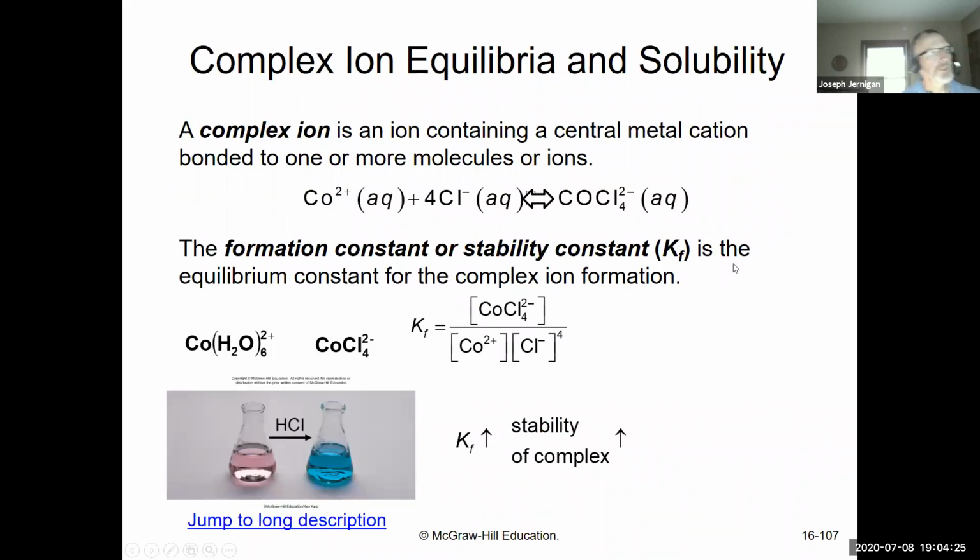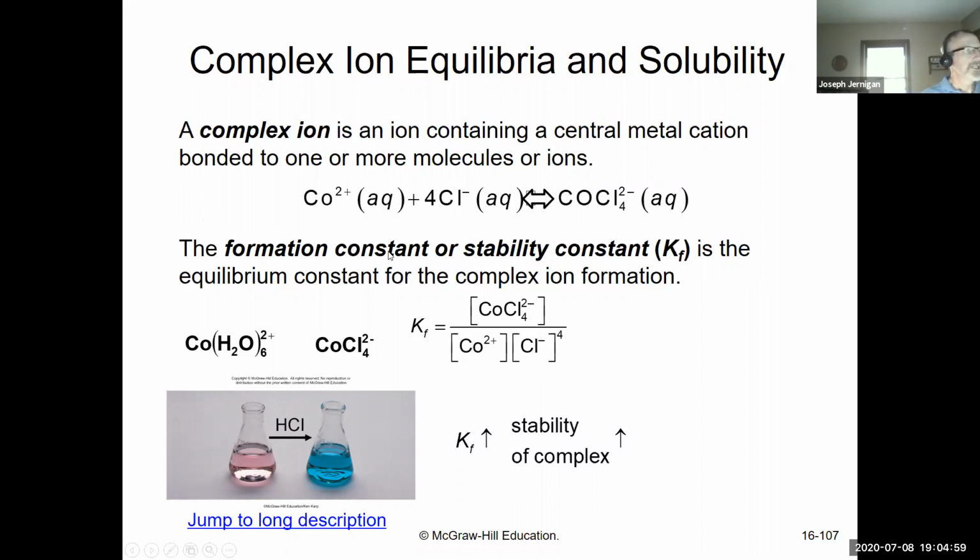Complex ion equilibrium and solubility. A complex ion is an ion containing a central metal cation bonded to one or more molecules or ions. This is an example of cobalt complexing with chloride. We've just gone through a complex ion experiment in the laboratory, and it's very similar conceptually. Four chlorides react with the cobalt and form a tetrachlorocobalt species.